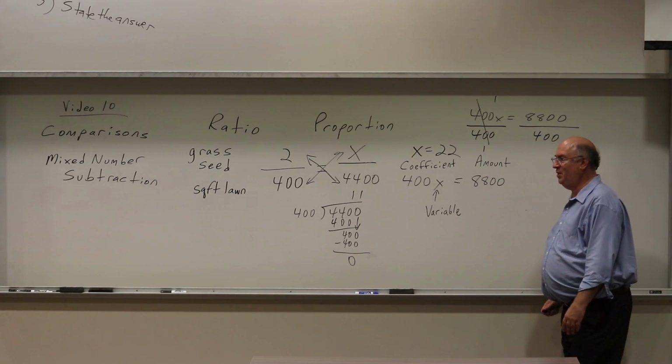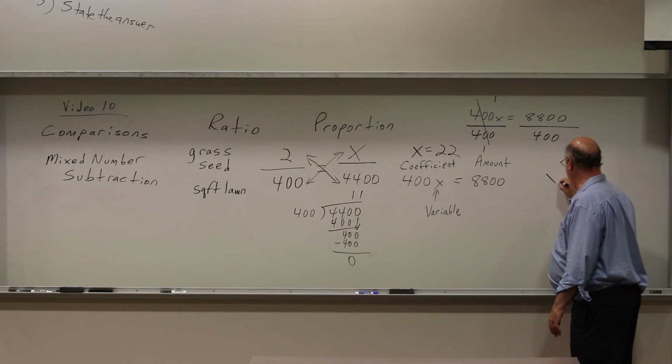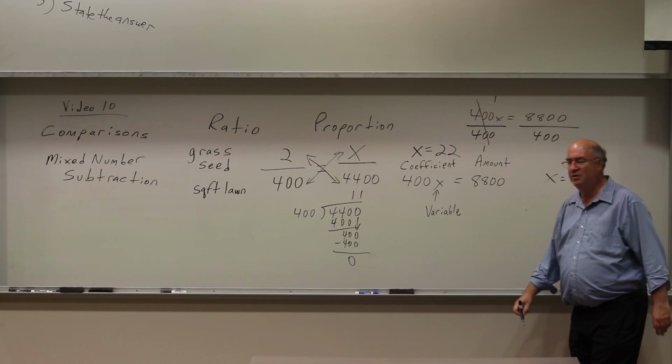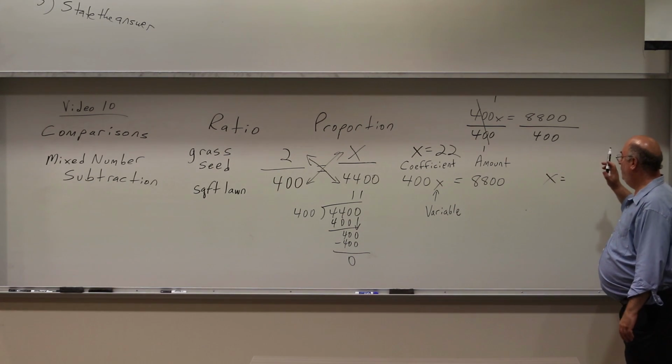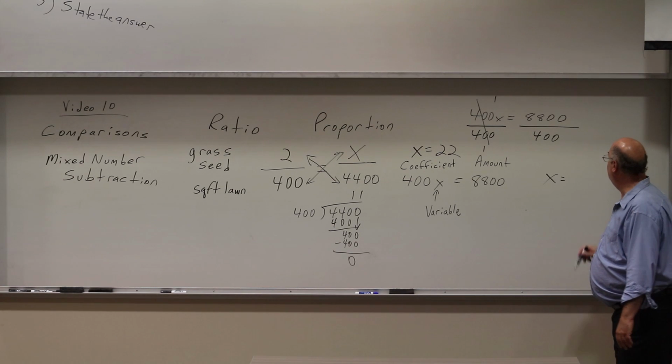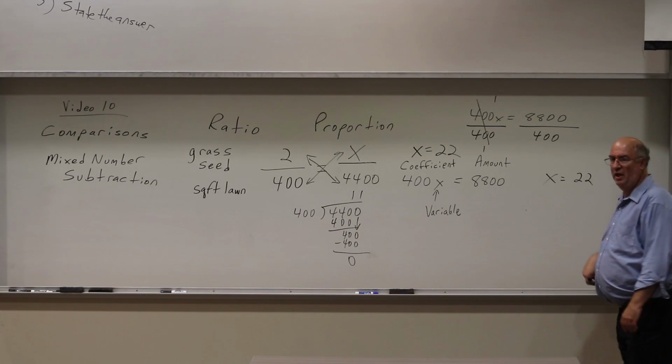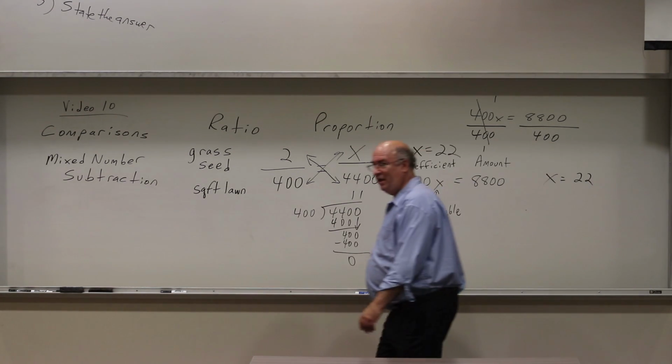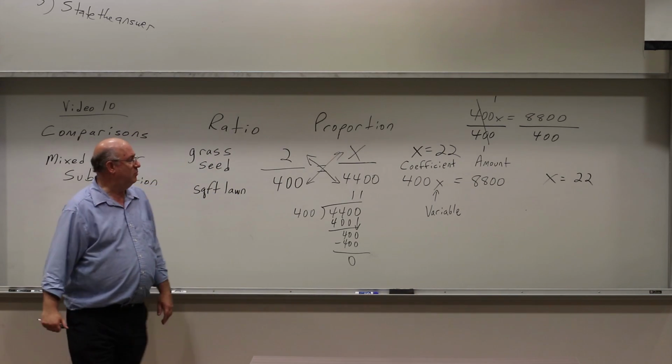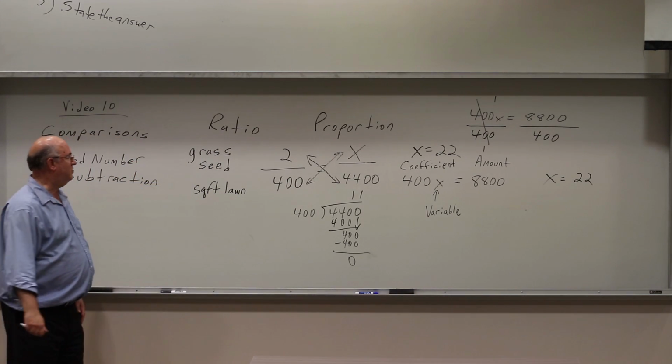We divide by the same thing, we get 1. So we get 1x, or x. We divide 400 into 8,800. We do that on a calculator or by hand. And we get x is equal to 22. Get the same exact answer.